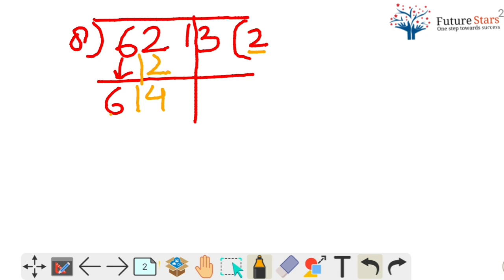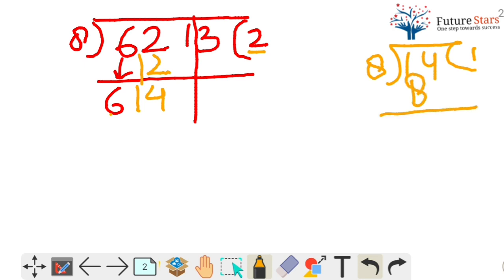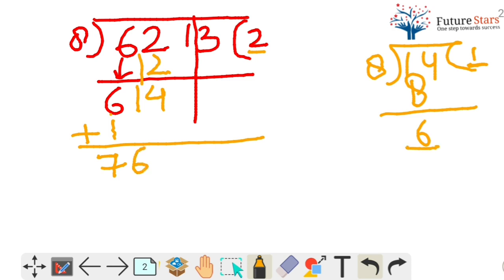Now 14 is greater than 8. The divisor is smaller, so you will again divide it. Here you will get 1 as quotient and 6 as remainder. So this quotient 1 you will add below 6, you will get 7, and the remainder 6, write as it is.